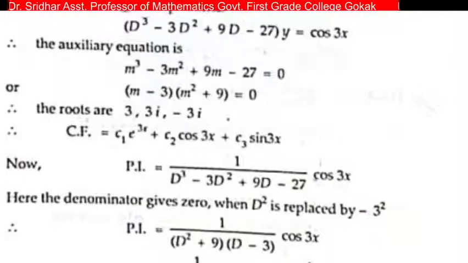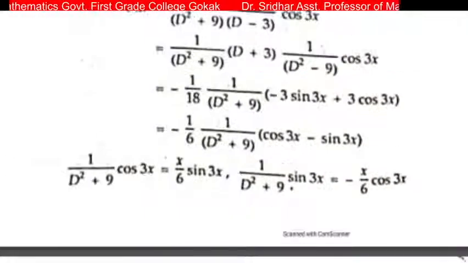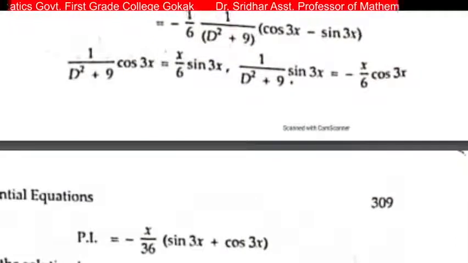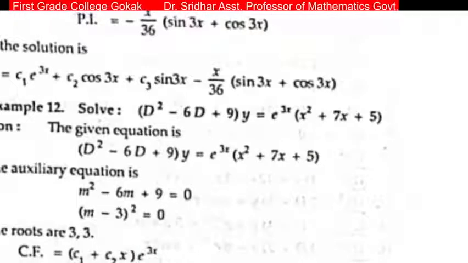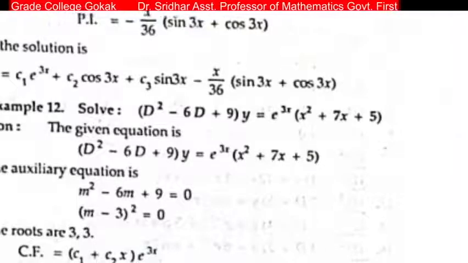Okay, now 1/(D² + 9) cos 3x is the same as (x/6) sin 3x, and similarly 1/(D² + 9) sin 3x is the same as −(x/6) cos 3x. So substitute this formula here and we get the particular integral as −(x/6)(sin 3x + cos 3x).